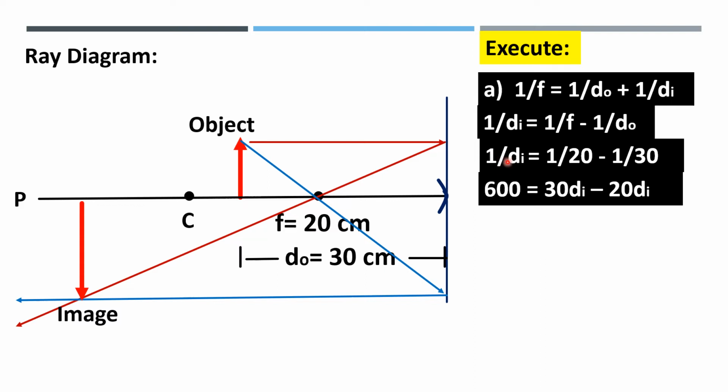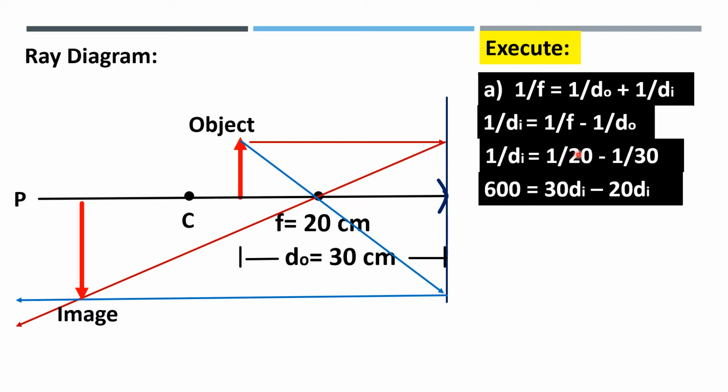So if you're going to multiply 600 di to 1 over di, it will just give us 600 on this left side of the equation. And 600 di divided by 20 will give us 30 di.